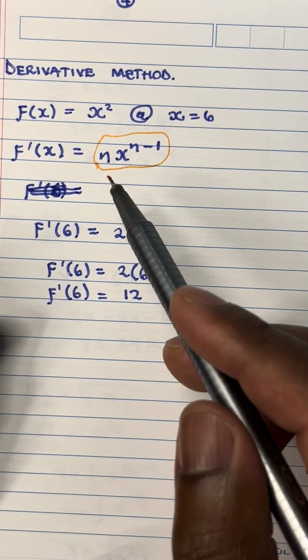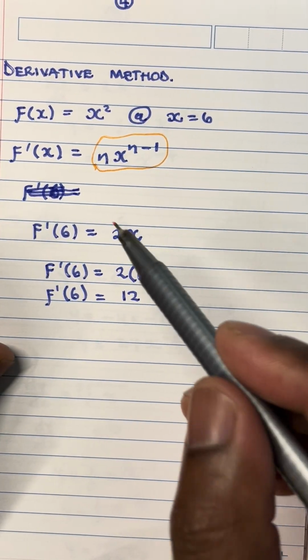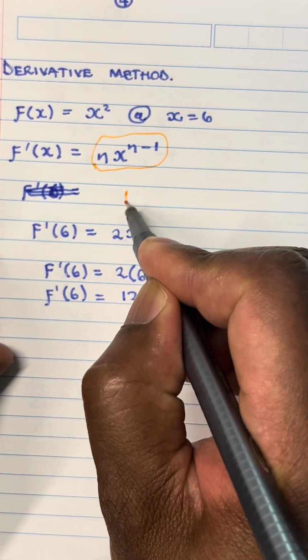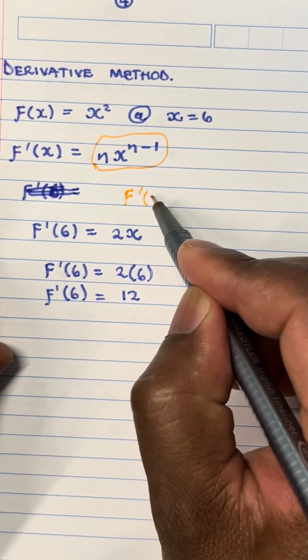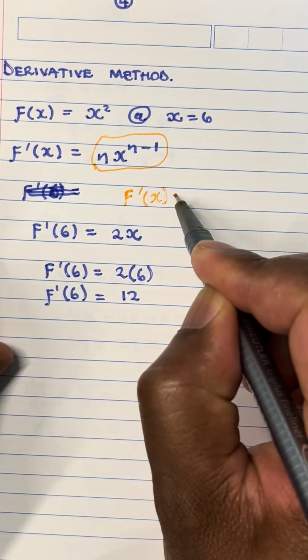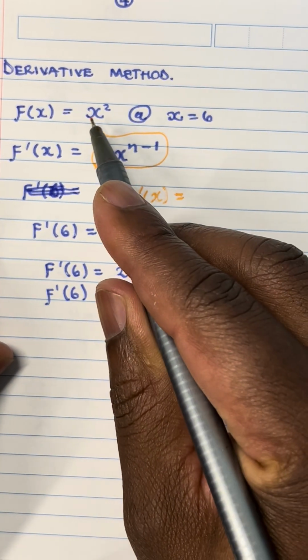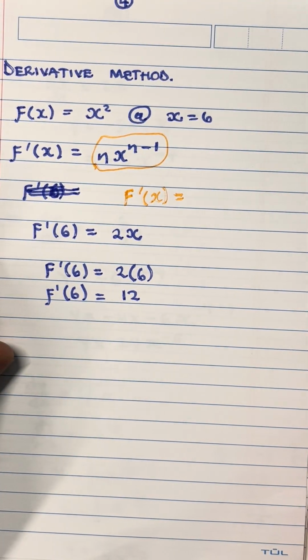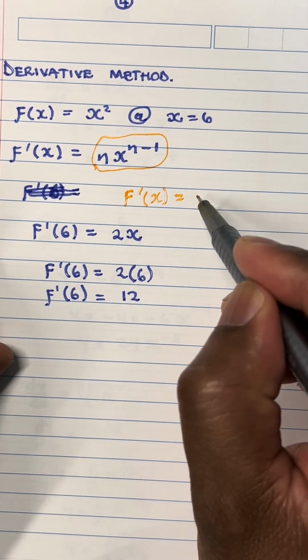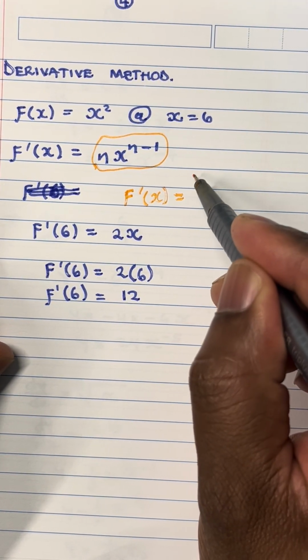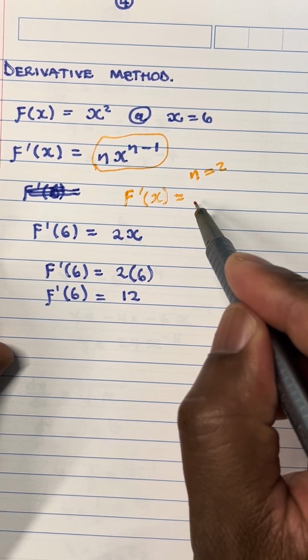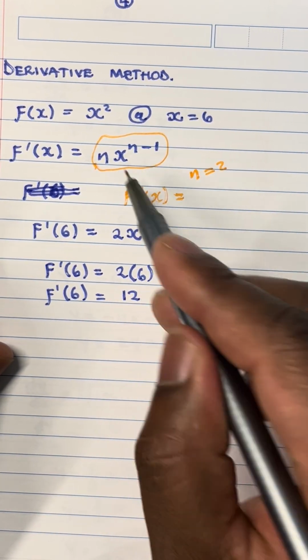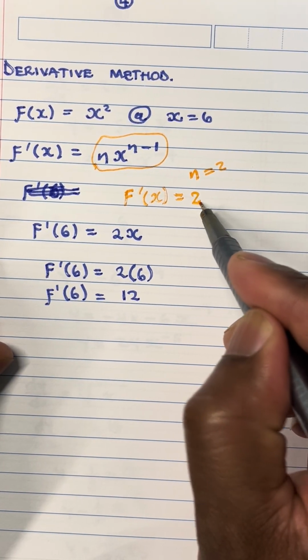Because I didn't do it over here, let's say f prime of x equals, our f of x was x squared right there. So we say n equals 2.